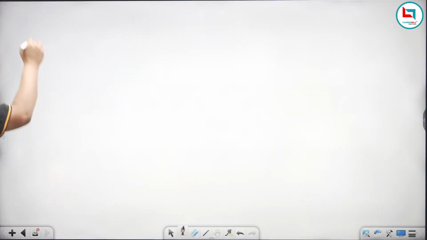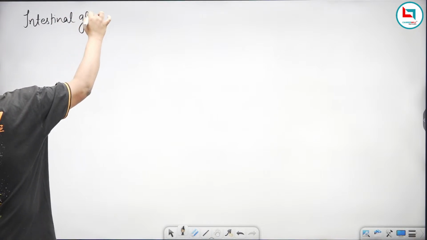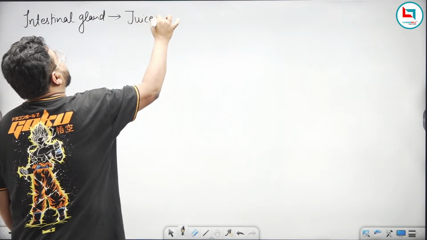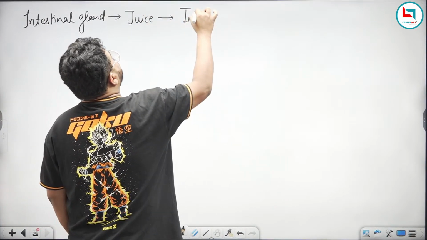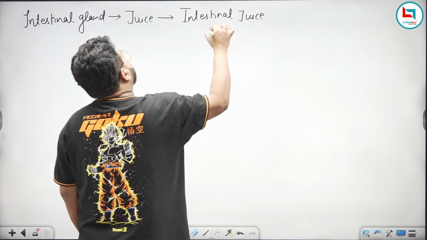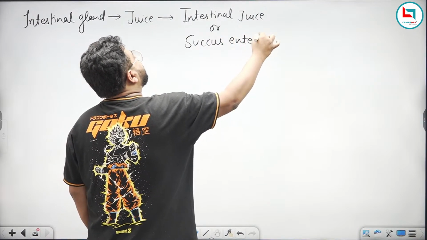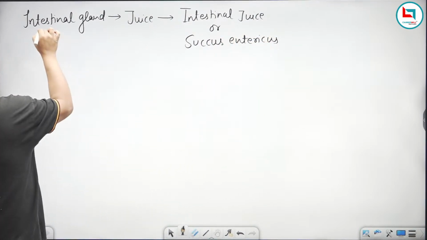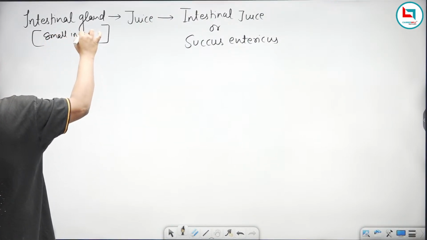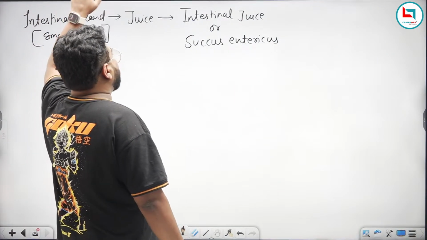And the last is the intestinal gland, whose juice is known as intestinal juice, also known as succus entericus. The intestinal gland is part of the small intestine.